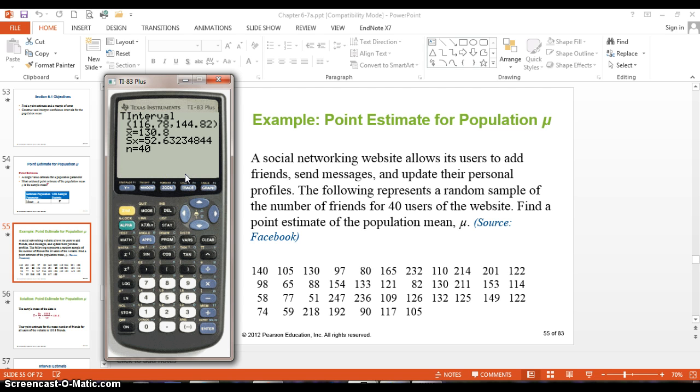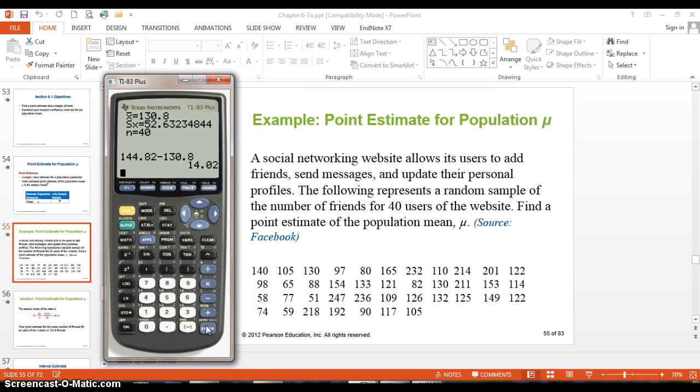So what's the margin of error here? It's just 144.82, the maximum value, minus the sample mean, which was 130.8. Okay, so we have a margin of error of 14.02.